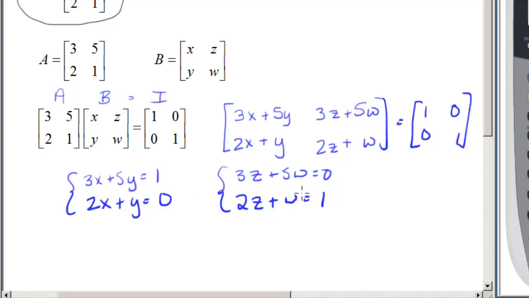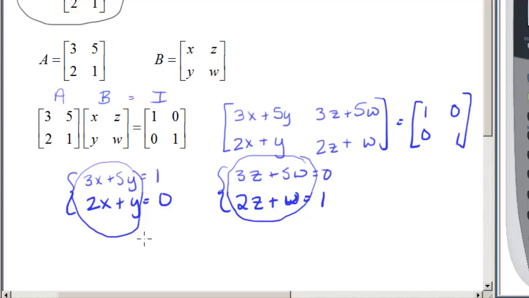Now those two systems of equations, we've solved those things before. We could solve them using probably the substitution method, or we could solve them using elimination, or we could solve them by putting them into our matrix as an augmented matrix, and then do our REF on them. Notice here that the coefficient matrix here and the coefficient matrix here are identical.